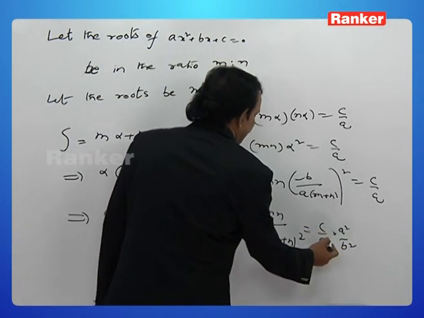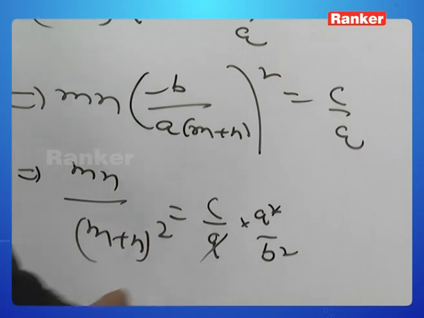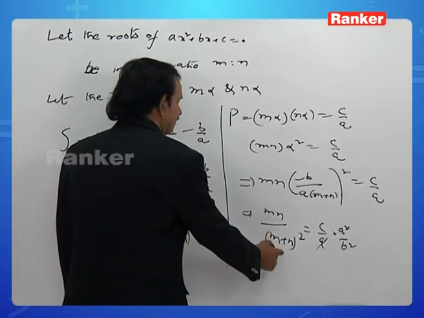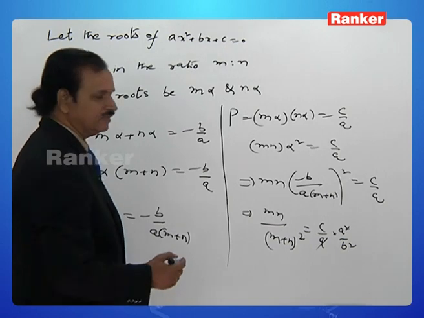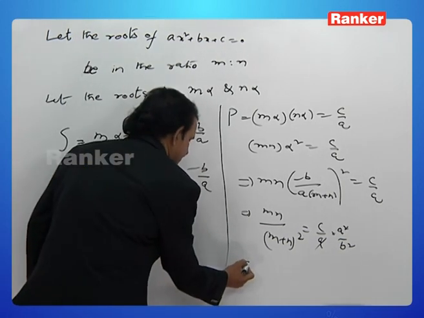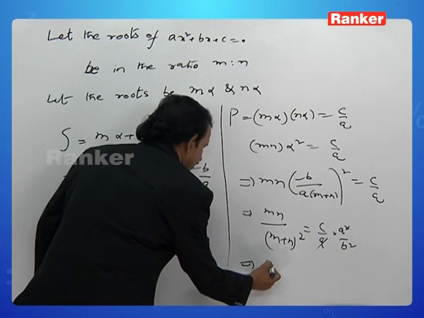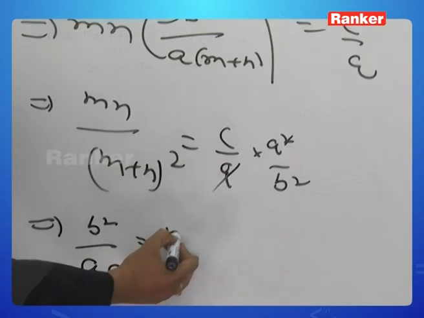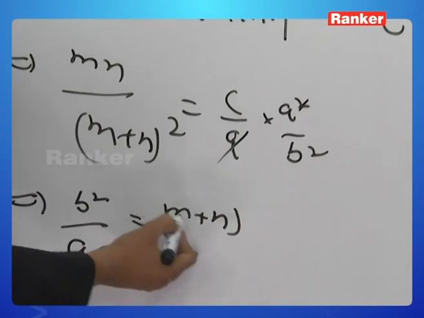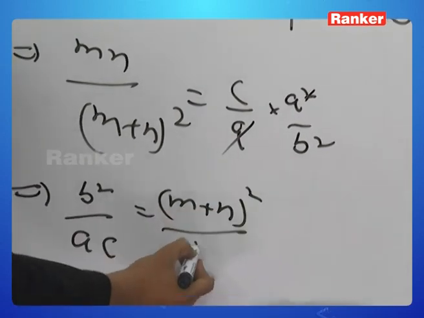A square by b square. A will be cancelled. So that mn by m plus n whole square is equal to, what are we having? AC by b square. Let us just reciprocate that. We are able to observe b square by AC is equal to m plus n whole square by mn.